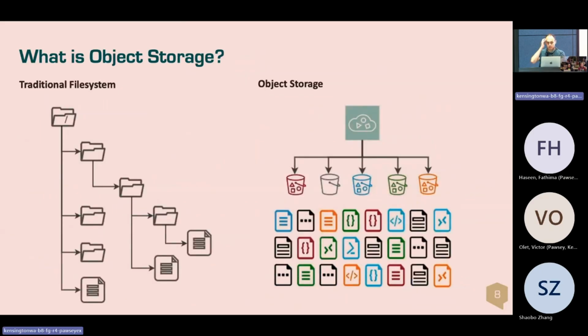So what's an object storage? How does it compare to a file system? A file system, as you might be familiar with, is a hierarchy of directories and files. Files are organized in directories, possibly in a hierarchy of directories, and each file contains characters or bytes, data. The fundamental unit in a file system is the byte, because bytes are collected in a file.